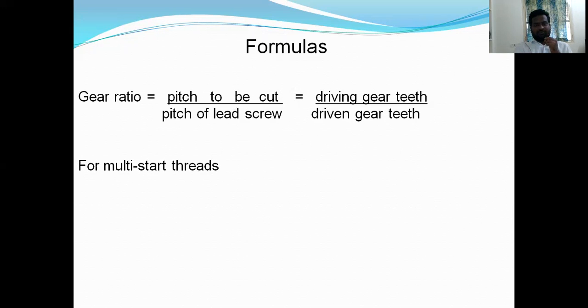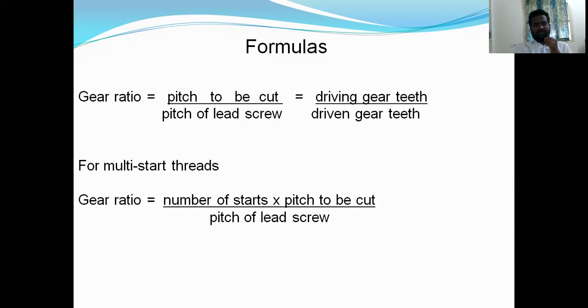So for multi-start threads, gear ratio is equal to number of starts times pitch to be cut divided by pitch of lead screw, that is equal to driving gear teeth divided by driven gear teeth.